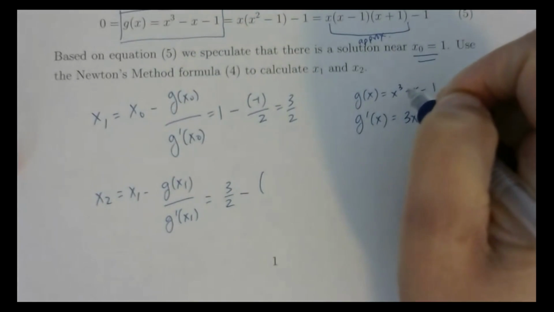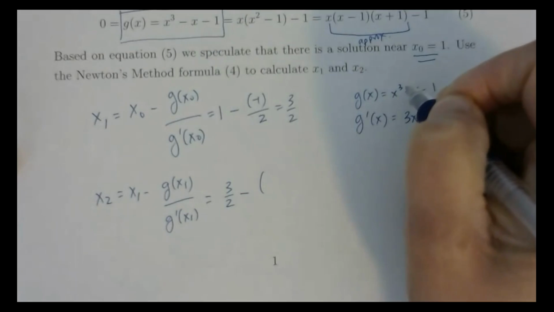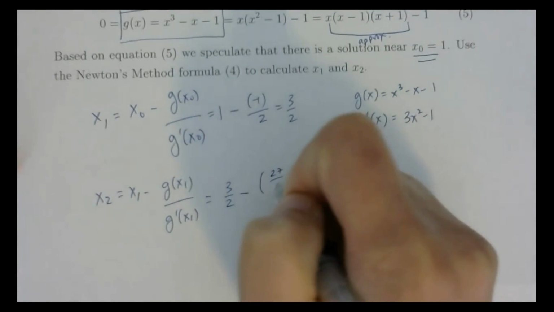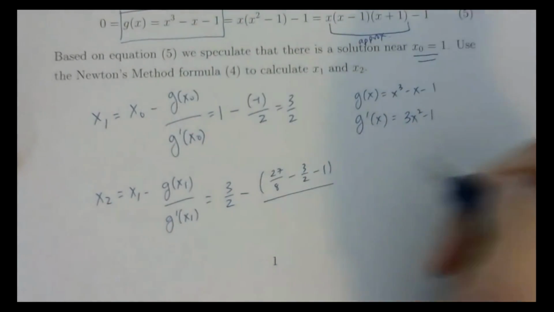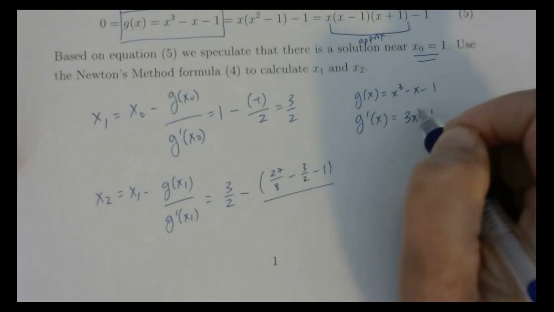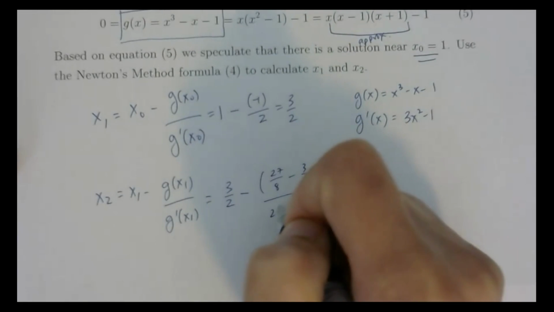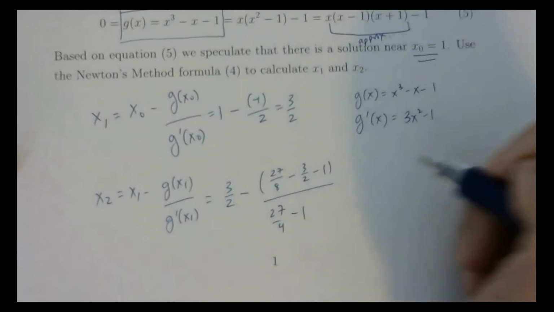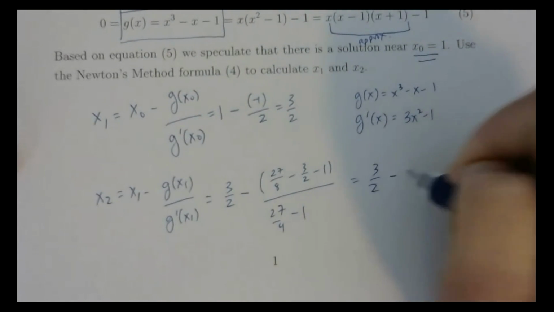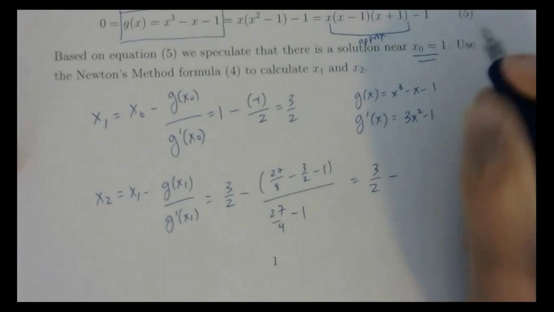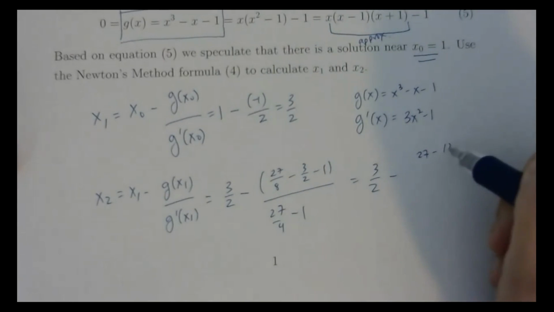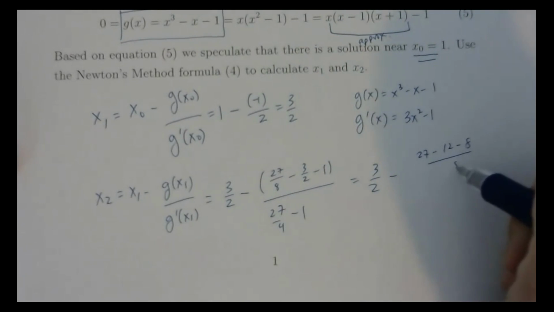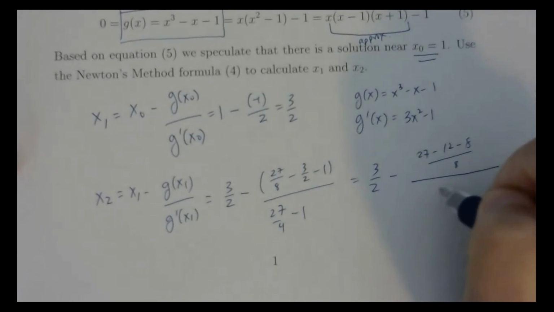I have 3 halves cubed, so 27 over 8, minus 3 halves minus 1, over 3 times 9 over 4, so 27 over 4, minus 1. So we need to do a little algebra. Let's see, so 27 minus 12 minus 8 all over 8, divided by 27 minus 4 over 4.